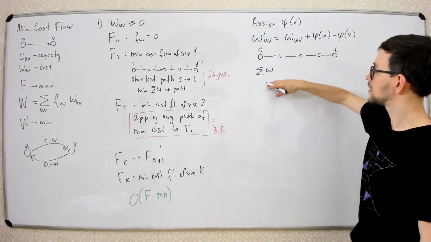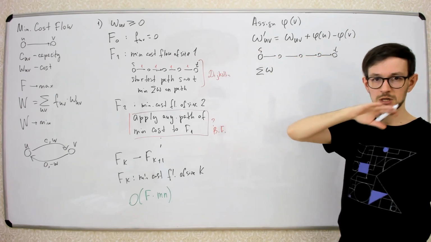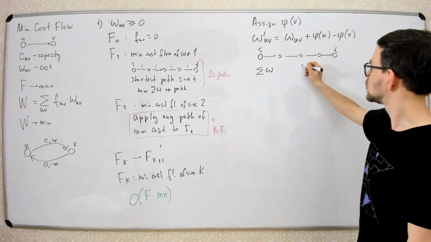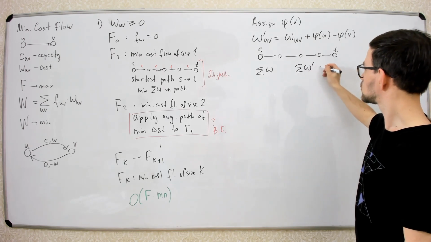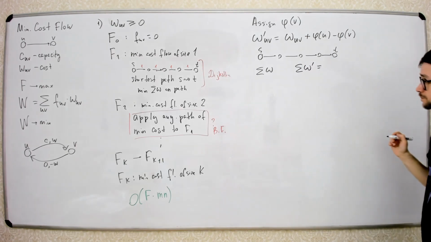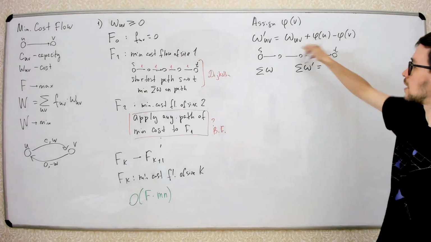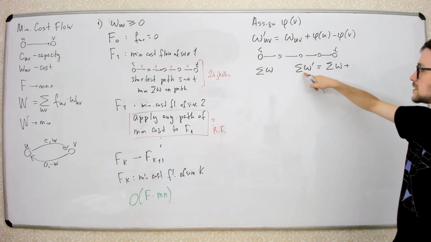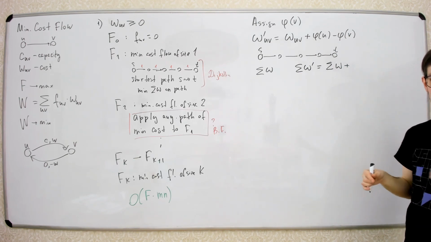Now, if you modify the costs like this, what will be the total cost in the modified graph? Total modified will go like this. It will be the sum of all weights plus the sum of all changes of potentials.